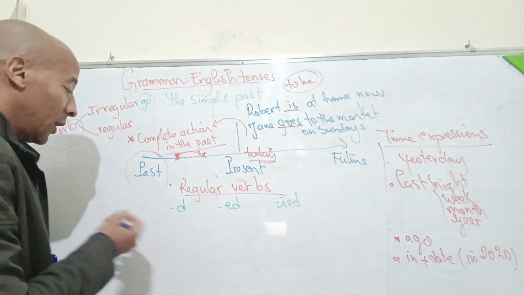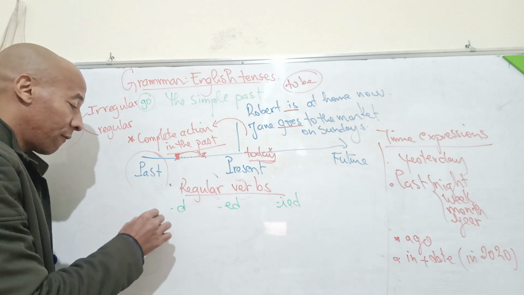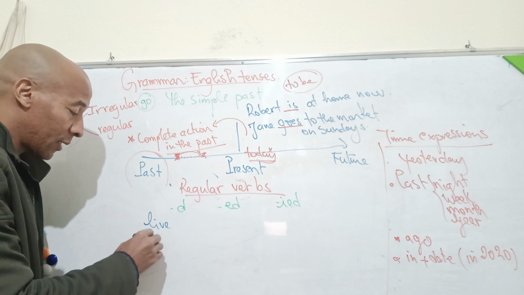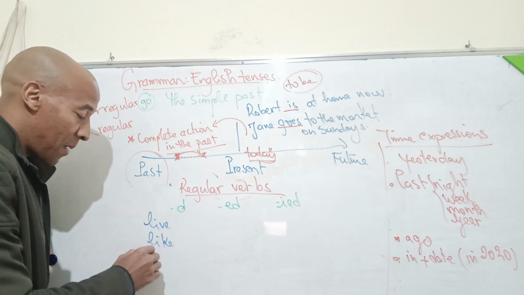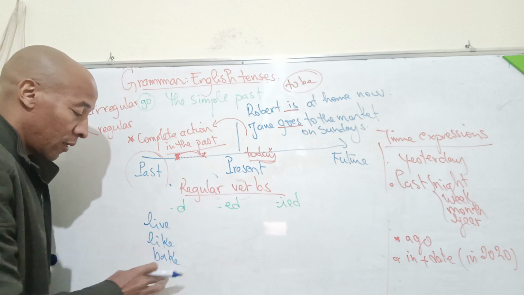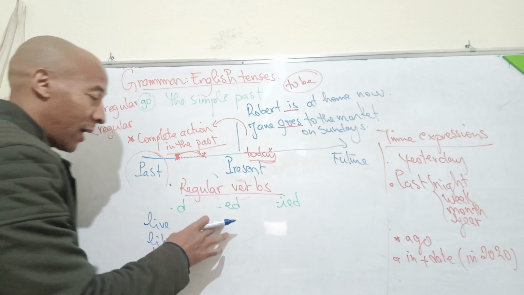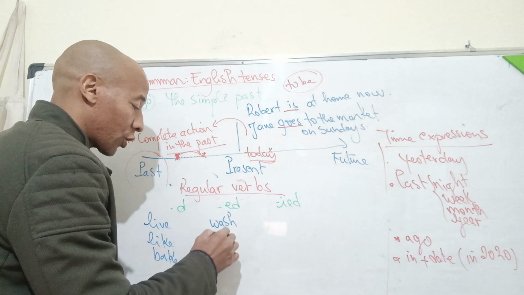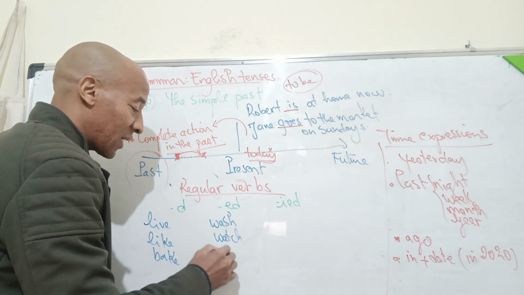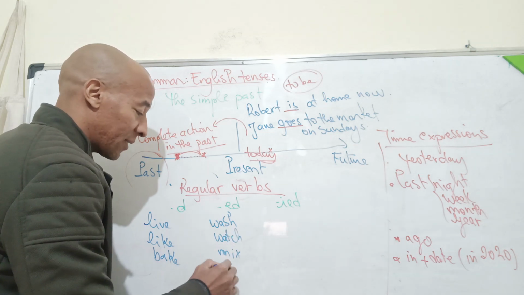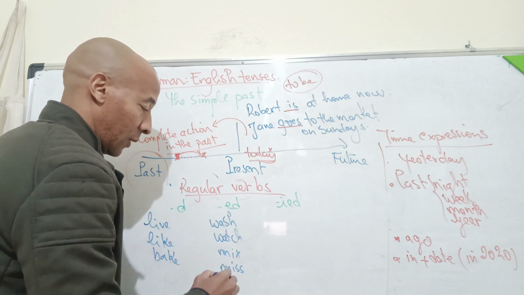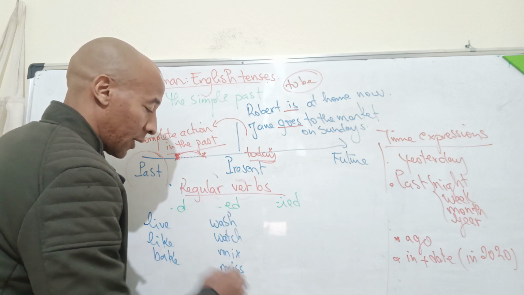For example, if you have a verb like live, like, bake, all right? And here we have wash, watch, mix, miss, okay? Let's say another one, cross, another example.